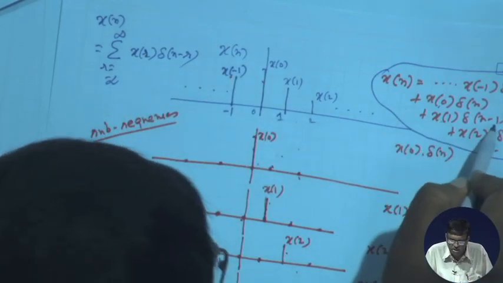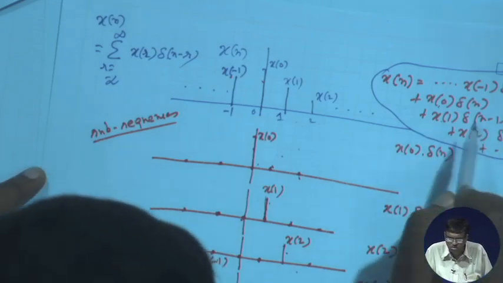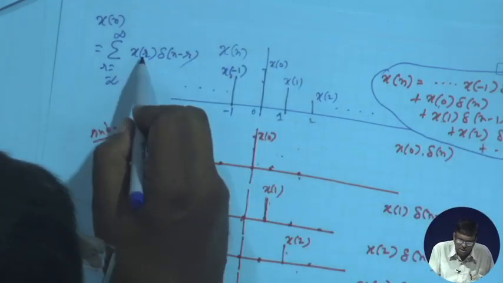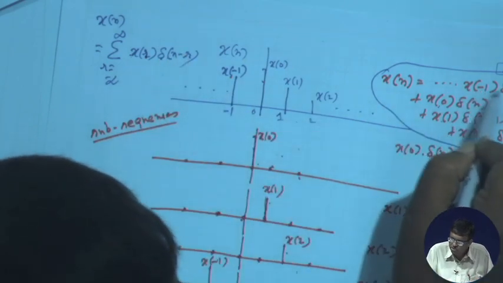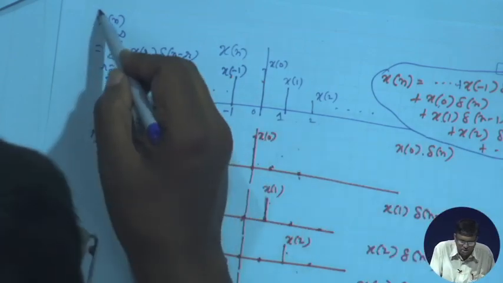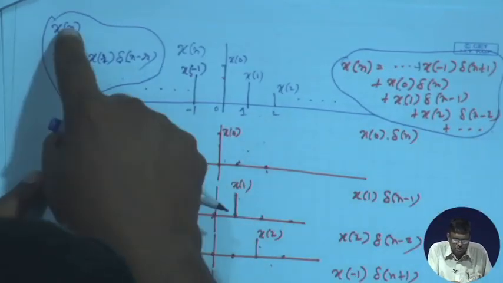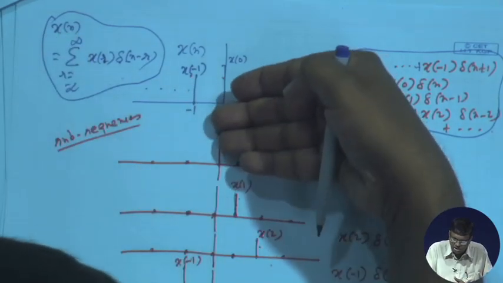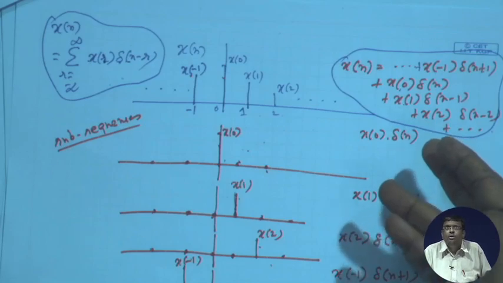If r is 2, x 2 delta n minus 2, and so on and so forth. On the other hand, if r is minus 1, x minus 1 delta n plus 1, and so on the back. Okay, this is a very important result. This will be using. So, any sequence is a sum of various subsequences. All right, this is very important.